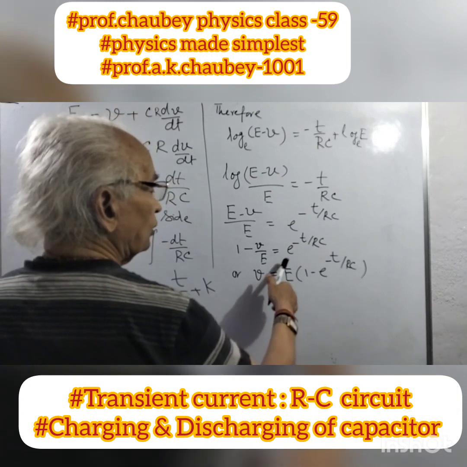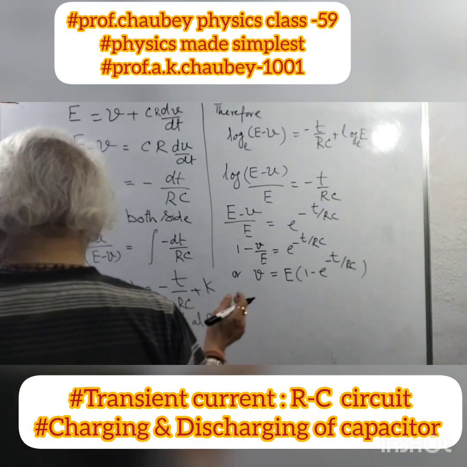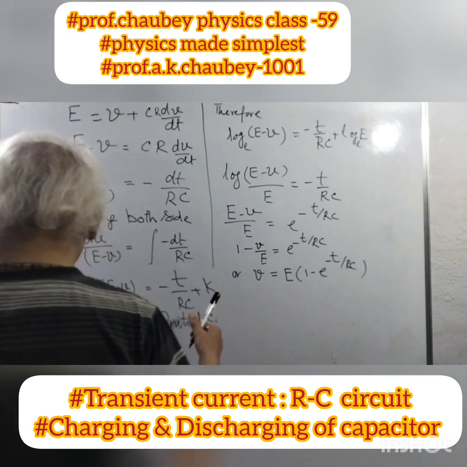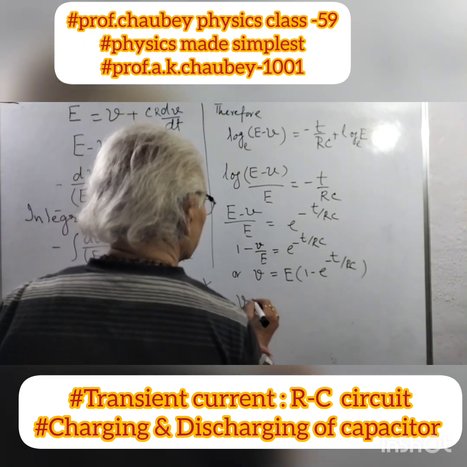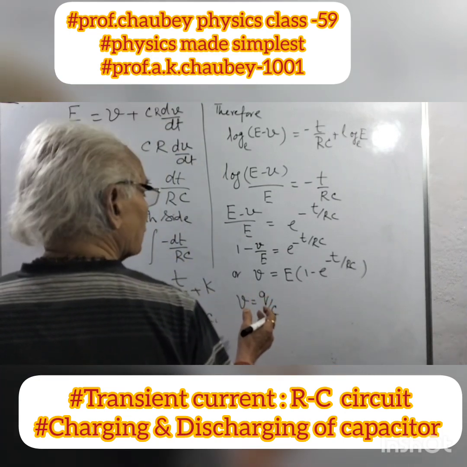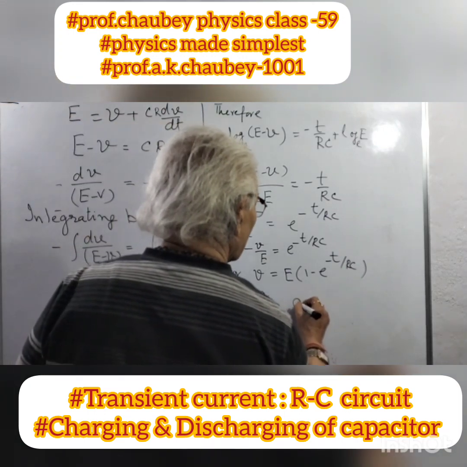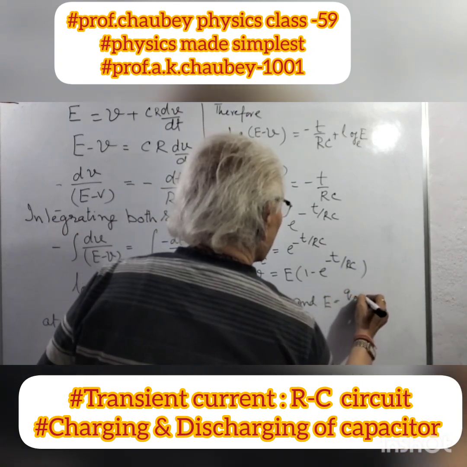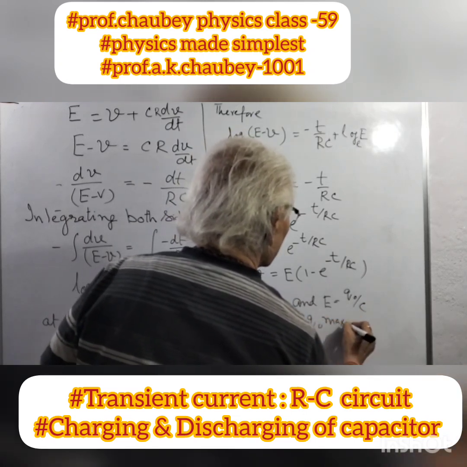E is the potential of the battery EMF, and 1 minus e to the power minus t over RC gives the growth of voltage, how the voltage changes. You can write V is equal to Q over C, where Q is the charge at any time, and E is Q naught over C, where Q naught is the maximum charge.